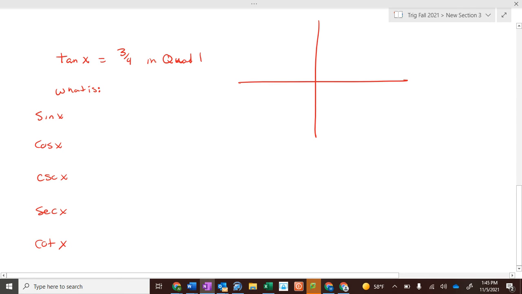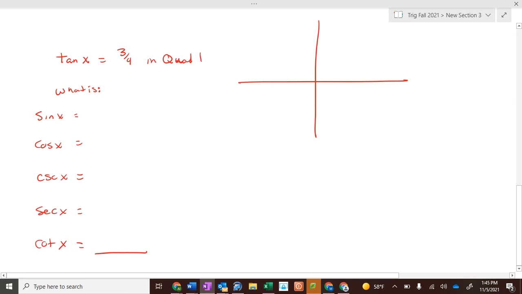All right. What's the easiest one to find out on this whole list? Cotangent. Thank you, Abby Palmquist. Because how are tangent and cotangent related? They're what of each other? Reciprocals.